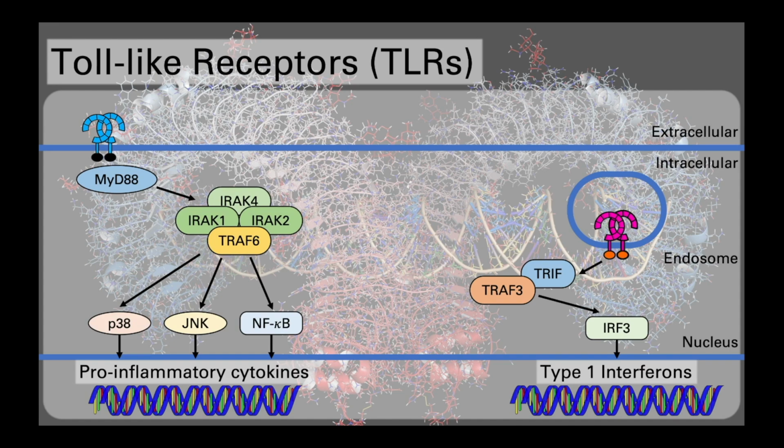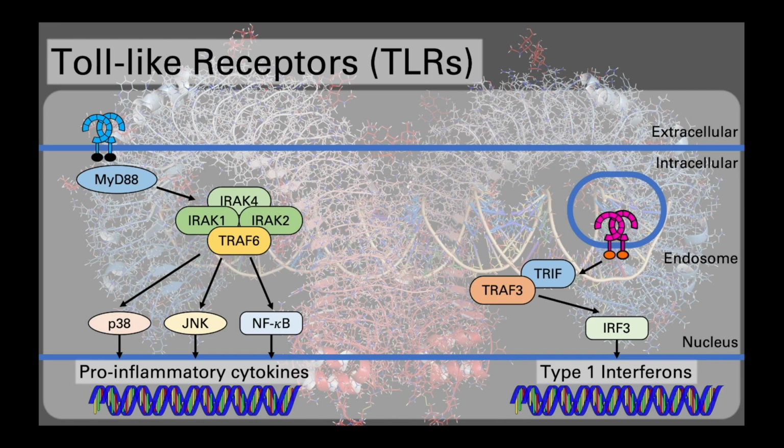But a downstream effect for both is the upregulation of gene transcription via AP1, nuclear factor kappa B, and IRF3. And this helps produce defensins, inducible nitric oxide synthase, chemokines, cytokines, and in the case of the TRIF pathway, type 1 interferons, which are active against viral infections.